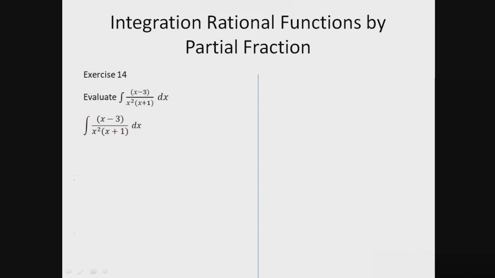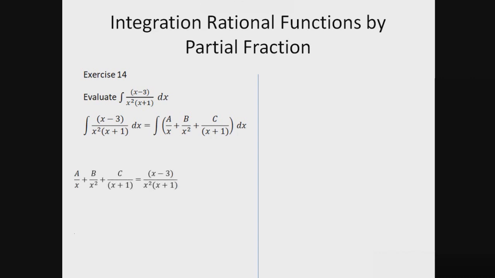So when one of the linear factors has a power, we have to write the partial fraction at that part with increasing power at the denominator, such that a over x plus b over x squared. And then for the other linear factor, which is x plus 1, we just add c over (x plus 1). And then we try to equalize all the denominators by multiplying something.